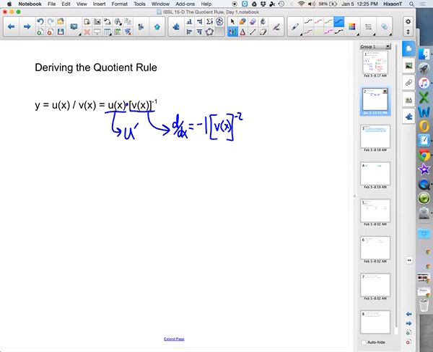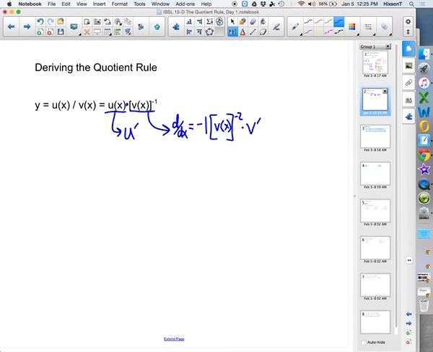Something to the negative 1 power, the derivative is negative 1 times that to the negative 2 power, times the derivative of the inner function, which is v prime. Does everyone follow so far?